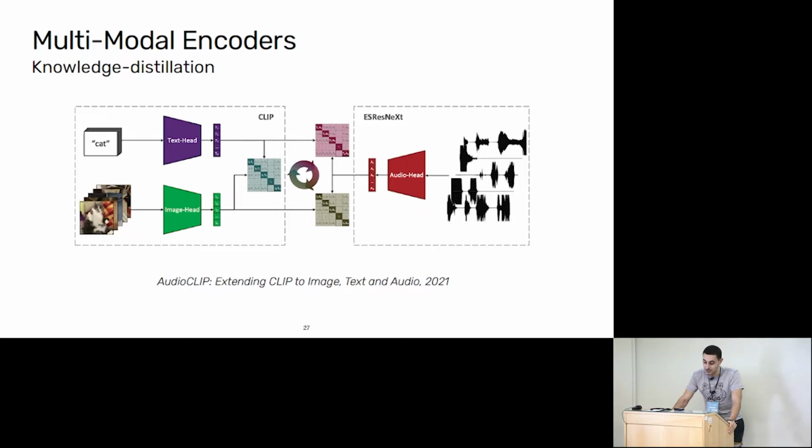As with this AudioCLIP paper, they freeze both the textual and the image heads and train the audio part. In this specific example, they get outstanding results for understandable reasons. They take ESResNet, ESResNeXt. This is a model I've never used myself, but the training sample that they use contains environmental sounds.